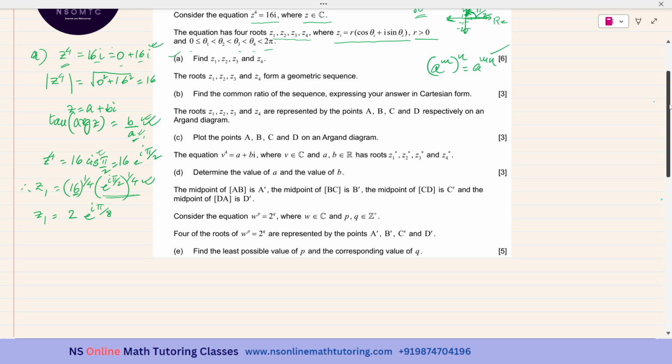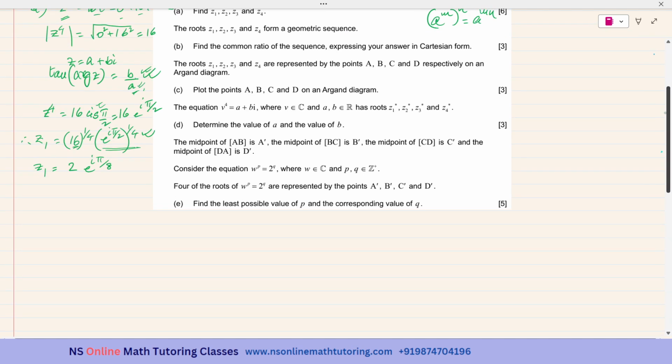I have written this in the polar form as well as in the argument form, the z to the power of 4. So when I am taking the fourth root of both the sides, taking the fourth root is equivalent to raising the number to the power of 1 over 4. So that is what I have done. I have raised the z to the power of 4 to the power of 1 over 4 to get z1, the first root, and this is equal to 2 times e to the power of i pi over 8.